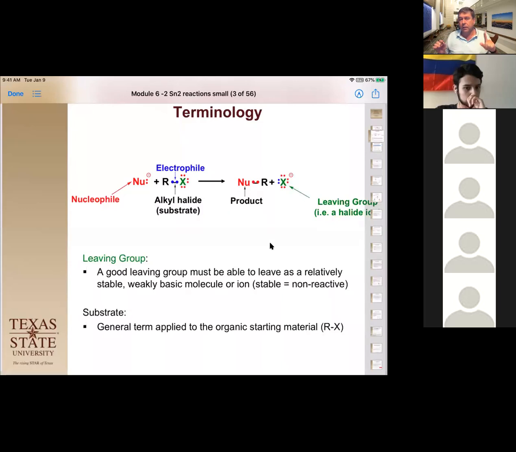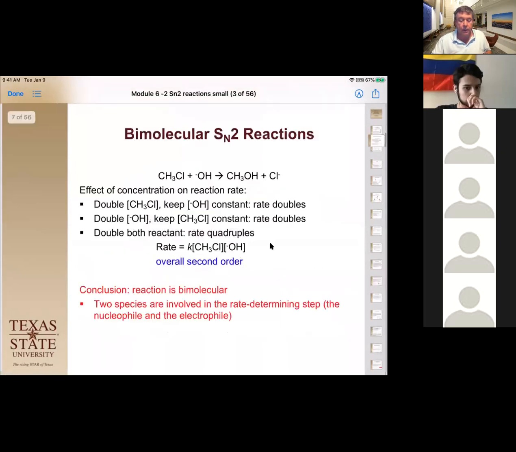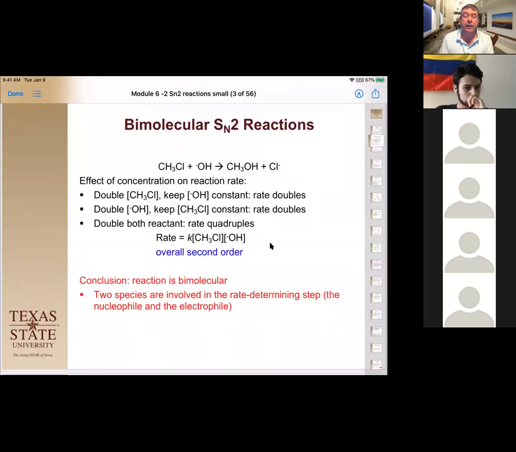Okay. So let's see. Those are all the terms I think we need to know for our SN2 reactions. Okay. So I said the 2 stands for bimolecular. In the case of bimolecular, that means that we do not break a bond first and then form a bond.